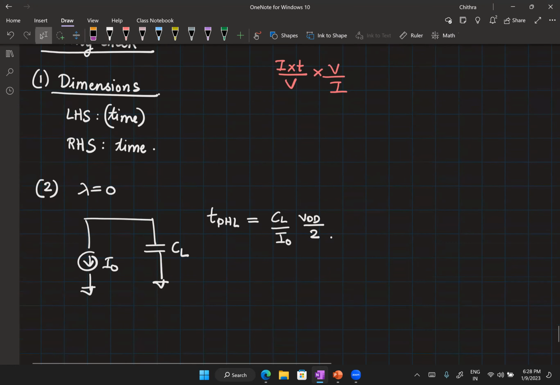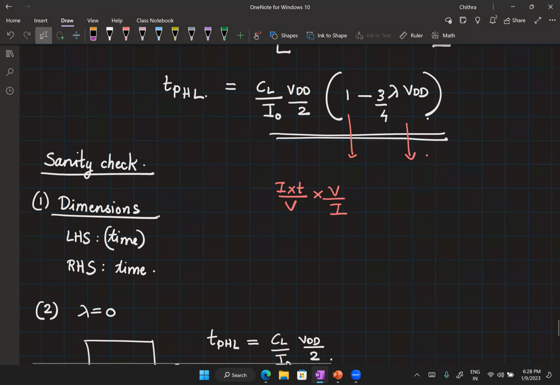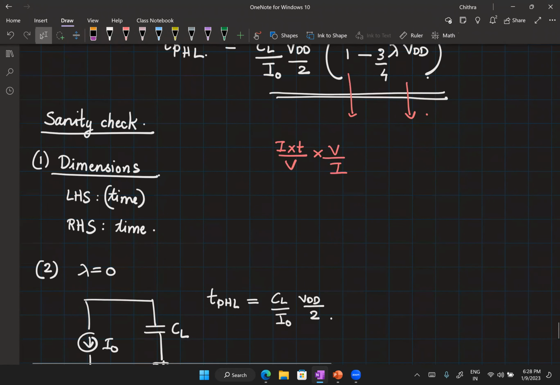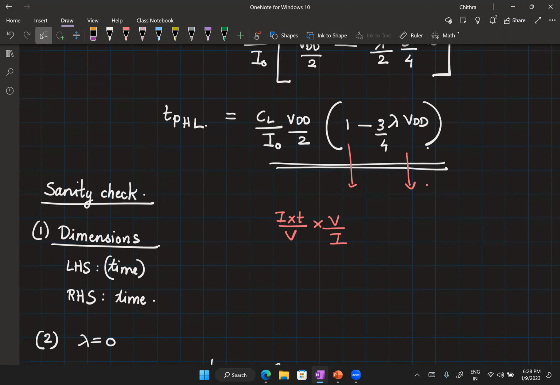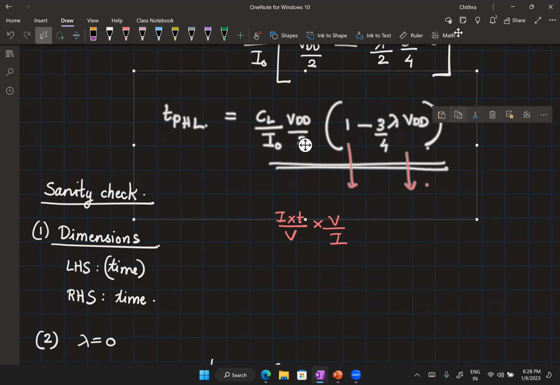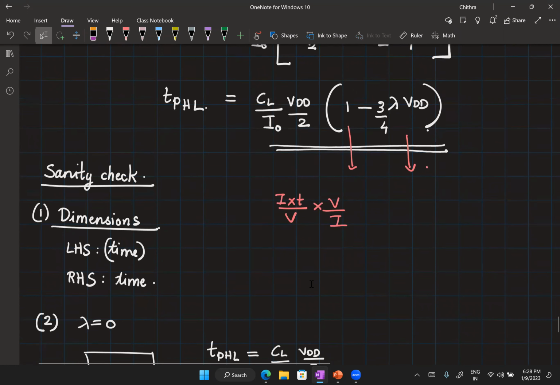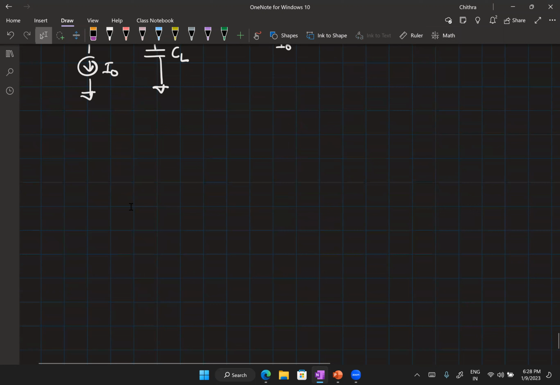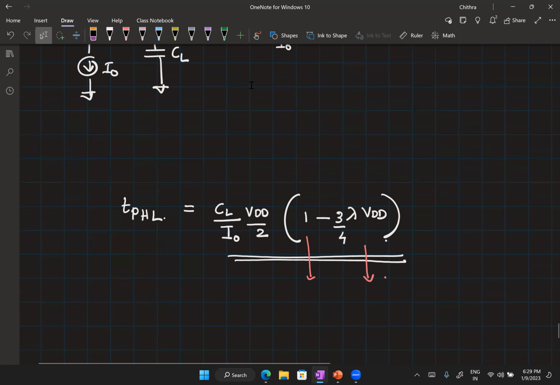Now let's analyze the equation that we have got. Let me copy this. What circuit inferences can we get from this equation?